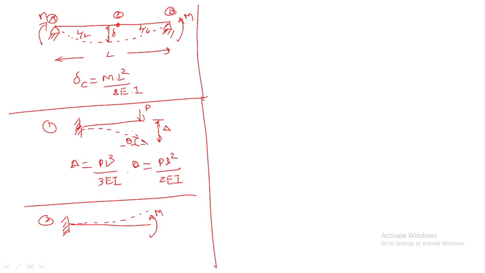The deflection will go upwards. This is the slope value, and this one is delta. Delta is equal to M L square divided by 2 EI, and slope is equal to M L by EI.